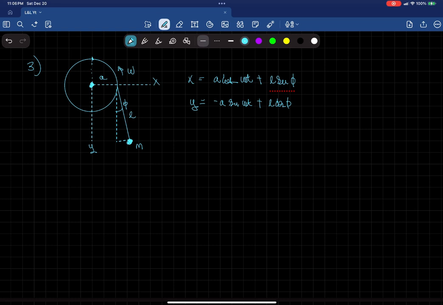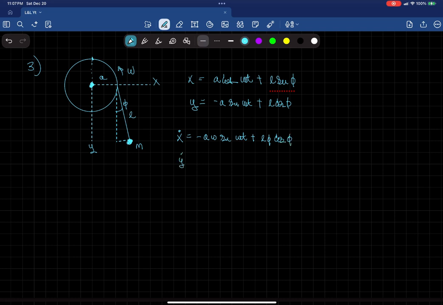Now that we have these, we can describe our x dot. Our x dot is going to be minus a omega sine omega t plus L phi dot cosine phi.